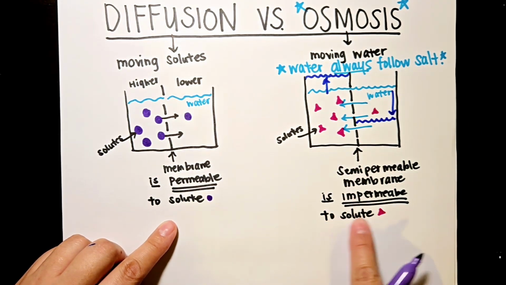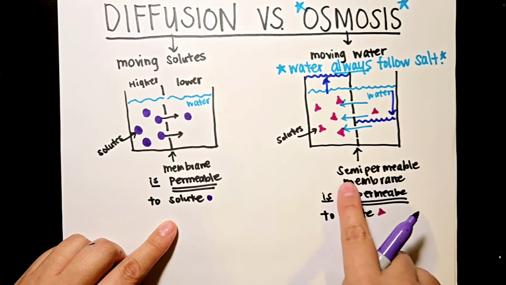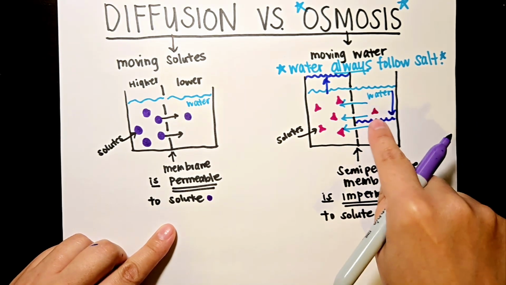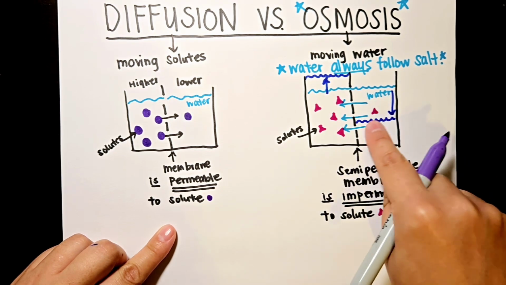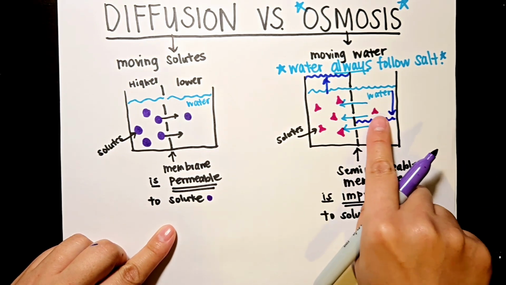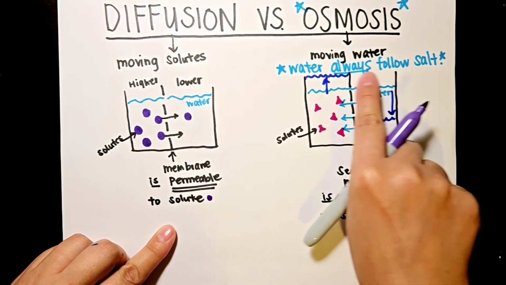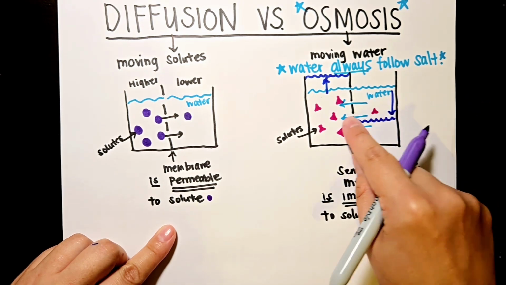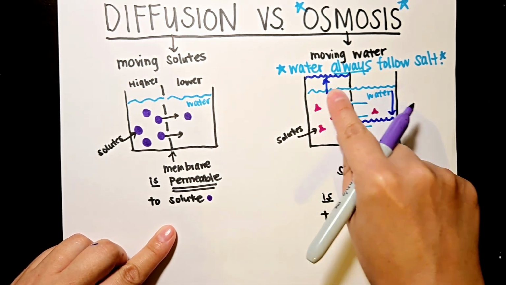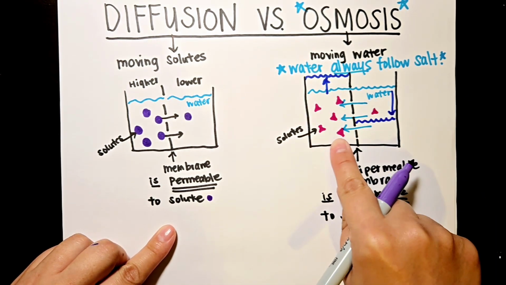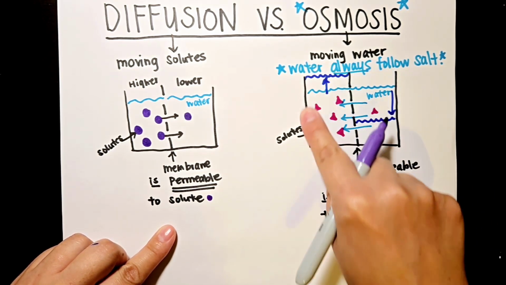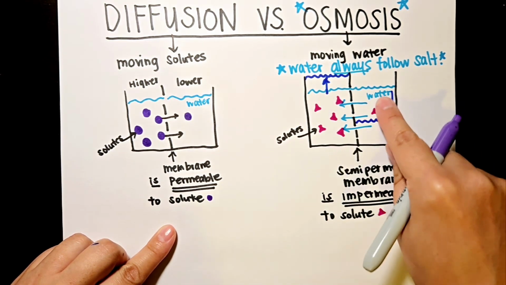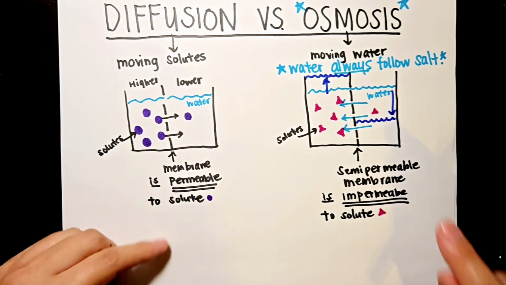Osmosis is only for solute that is impermeable to the membrane, and it is not the solutes doing the movements, but the water that moves, and the direction in which the water moves will always follow salt, or towards the side with a higher amount of solute concentration. In a sense, this dilutes the side with higher concentration and concentrates the side with lower concentration.